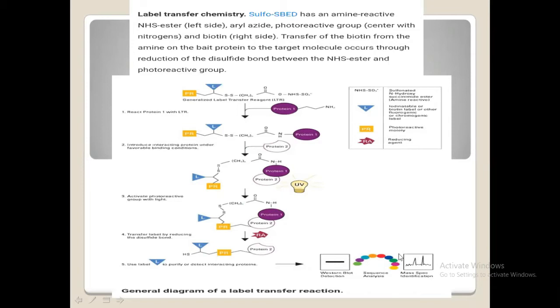Use the label, that is your label L, to purify or detect the interacting proteins. These fragments are taken and you are going to analyze them.